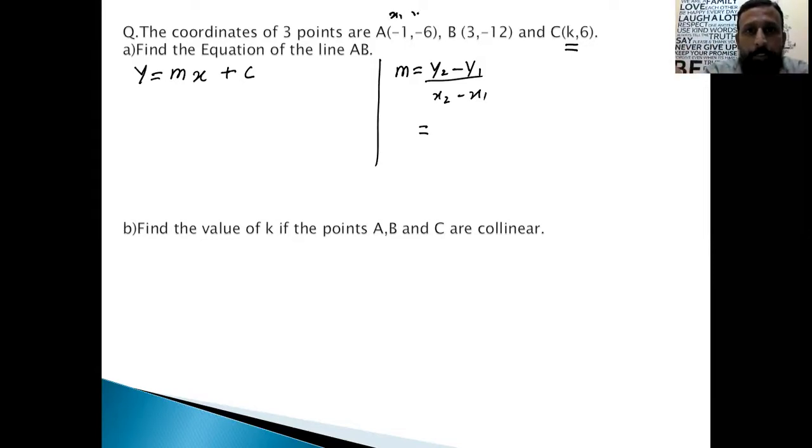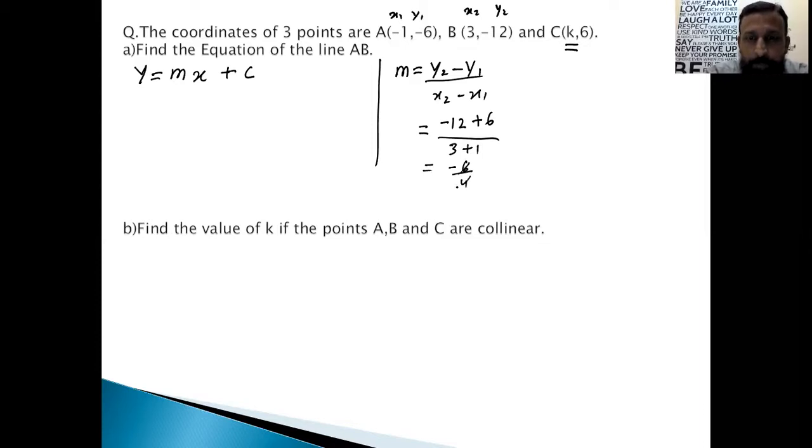This is your x1, this is your y1, this is your x2, this is your y2. So negative 12 minus negative 6, which is plus 6, and 3 minus negative 1, which is plus 1. So dear students, what do we have? We have now negative 6 upon 4. We can simplify this with the 2 times table. 2 3s are 6, 2 2s are 4. So our gradient is negative 3 upon 2.